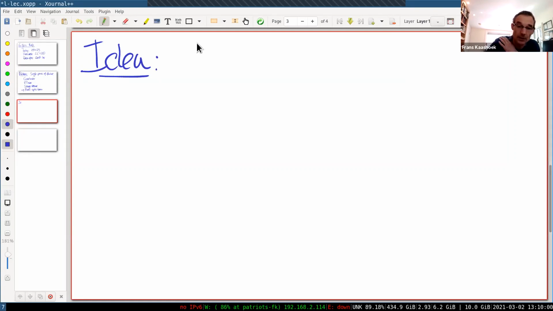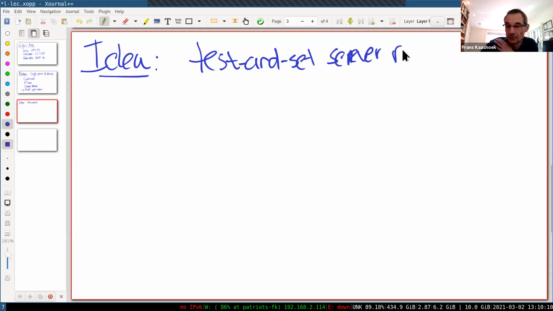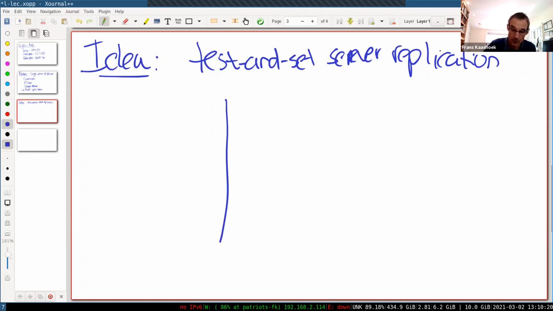So let's replicate the test and set server. Let's do a simple, straightforward case. We'll have one replicated test and set server, that's S1, and here we have S2, the other replicated test and set server.